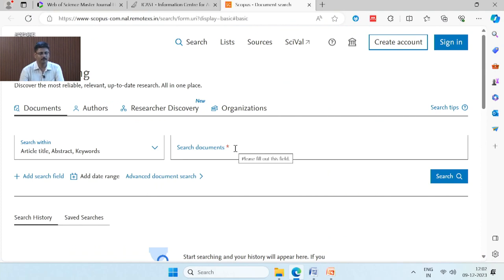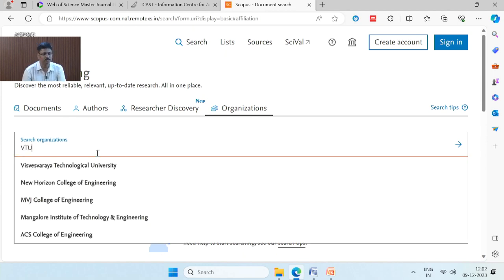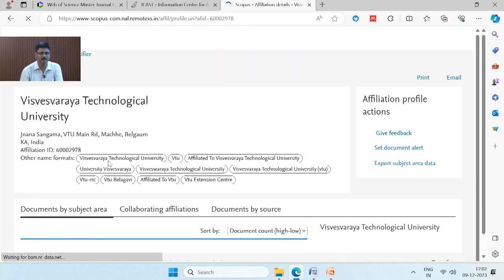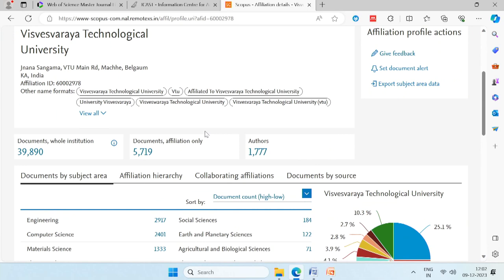Say I will go to organization search, VTU, Visvesvaraya Technological University. I want to go by only VTU, documents by affiliation only.